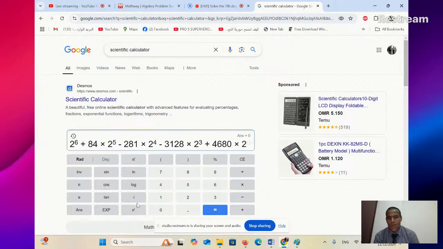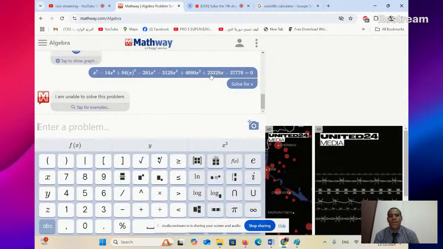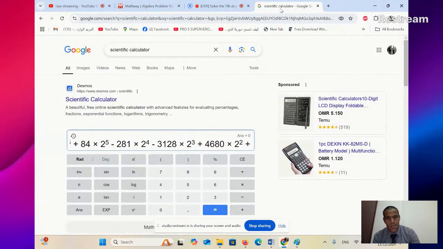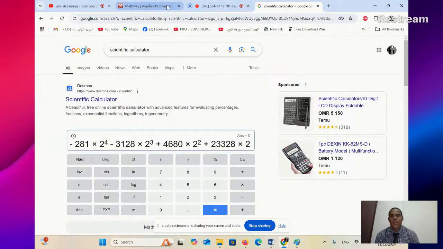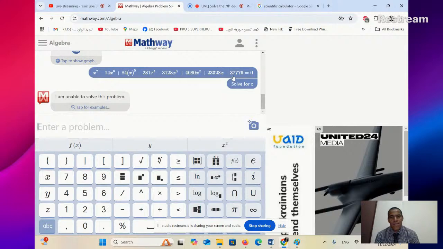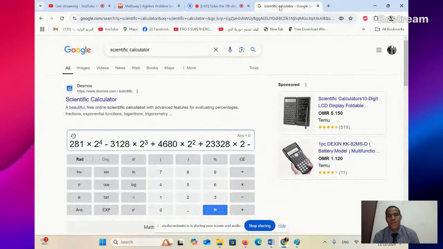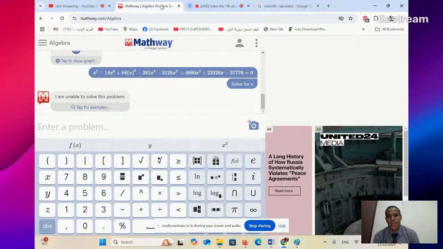That is equal. Then plus 23,328 times x, plus 23,328 times 2 raised to the power 1, times 2, minus 37,776.